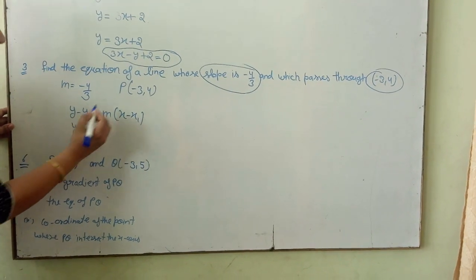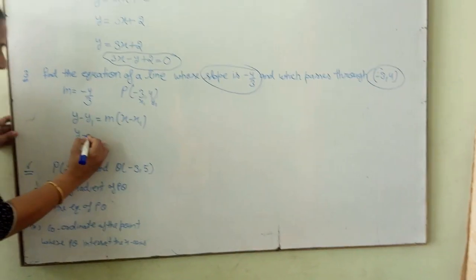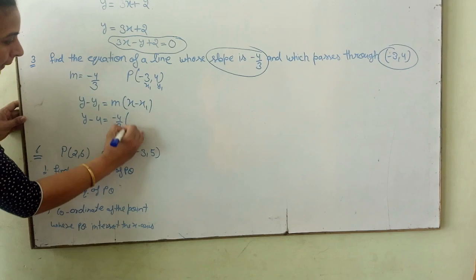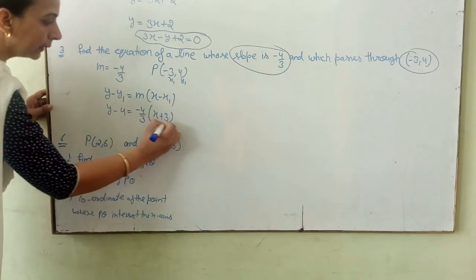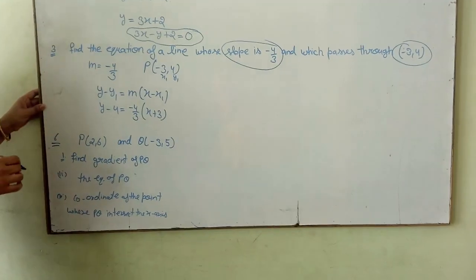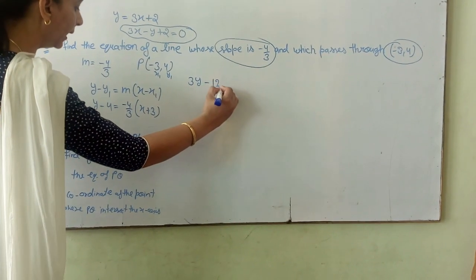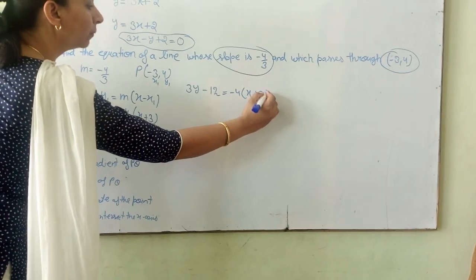Our point slope form is y minus y1 equal to m times x minus x1. Here x1 is minus 3 and y1 is 4. So y minus 4 equal to the slope minus 4 by 3 times x minus x1, minus 3, so x plus 3. Multiplying by 3 on the left side, 3y minus 12 equal to minus 4 into x plus 3.